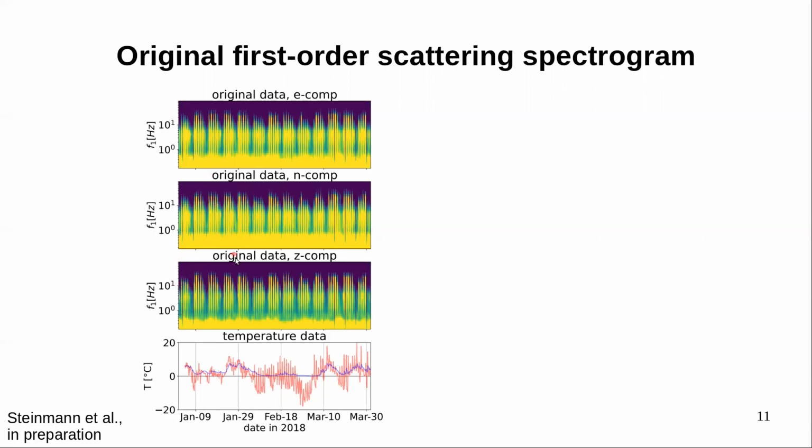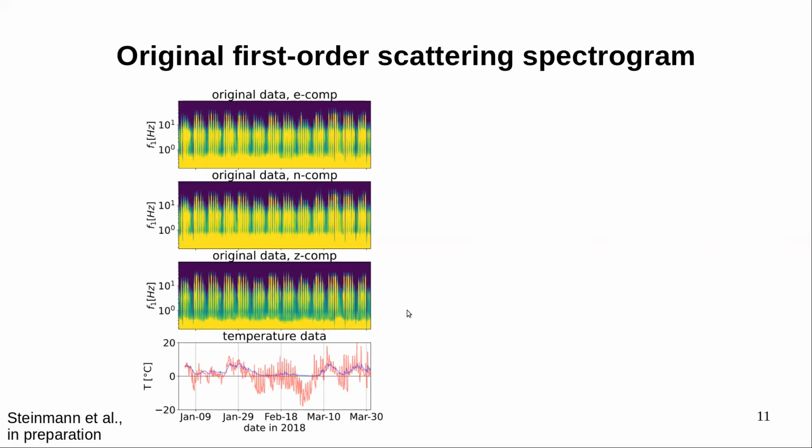And now if we look at the east, north, and vertical component, we can see we have these fringes between 1 and 30 hertz due to the urban imprint in the seismic data. So we have day and night, week and weekend. However, we do not see any signal related to our cold period here in February, in particular at the end of February.